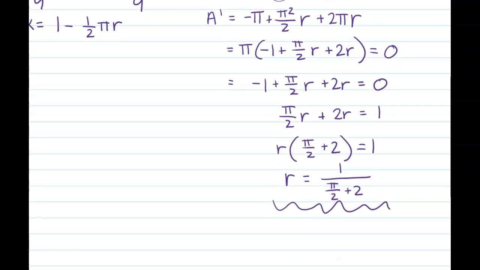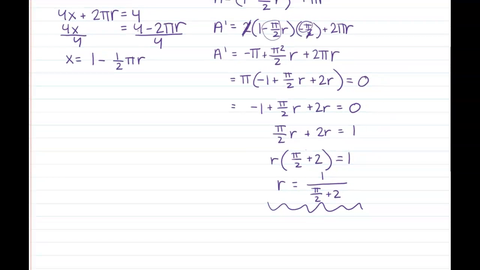Okay, so let's take the second derivative. Switch colors, it seems about time for that. Second derivative, our first derivative was that. So we take the derivative, we end up with pi squared over 2, because this goes to 0.